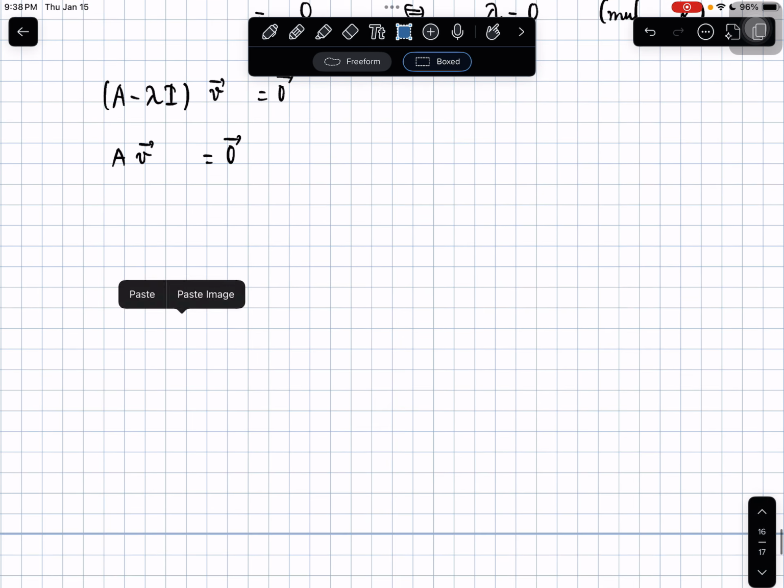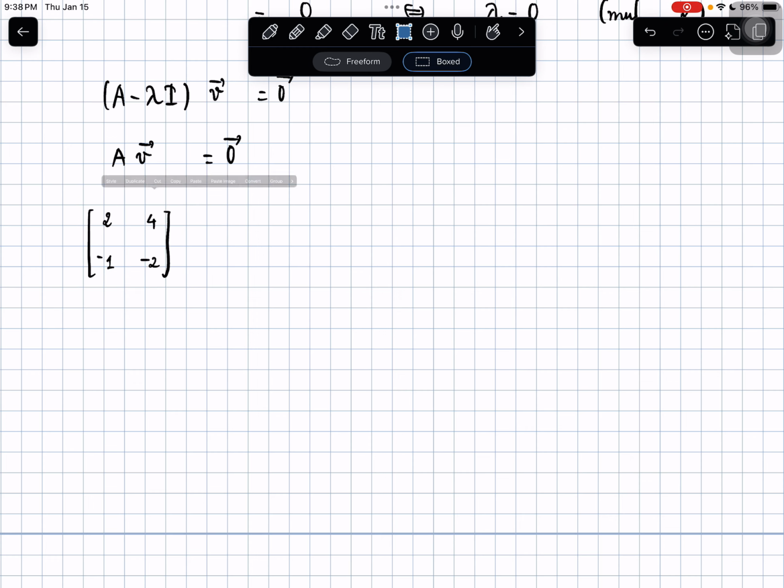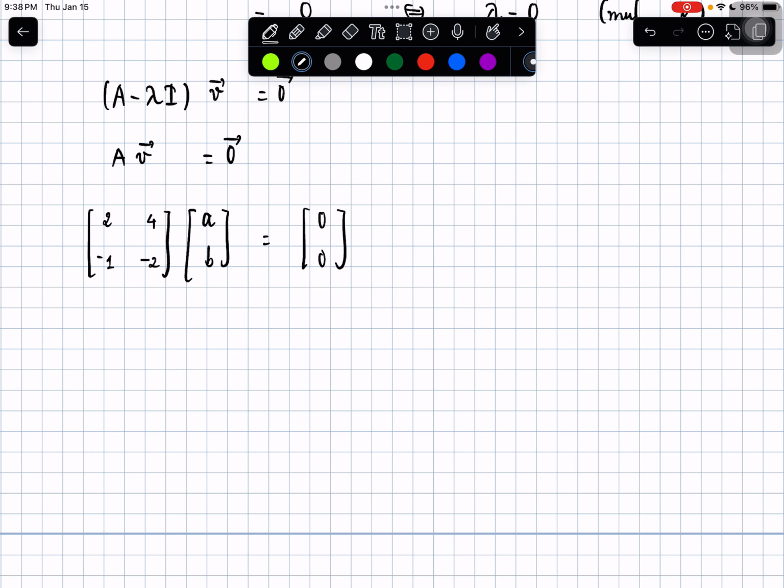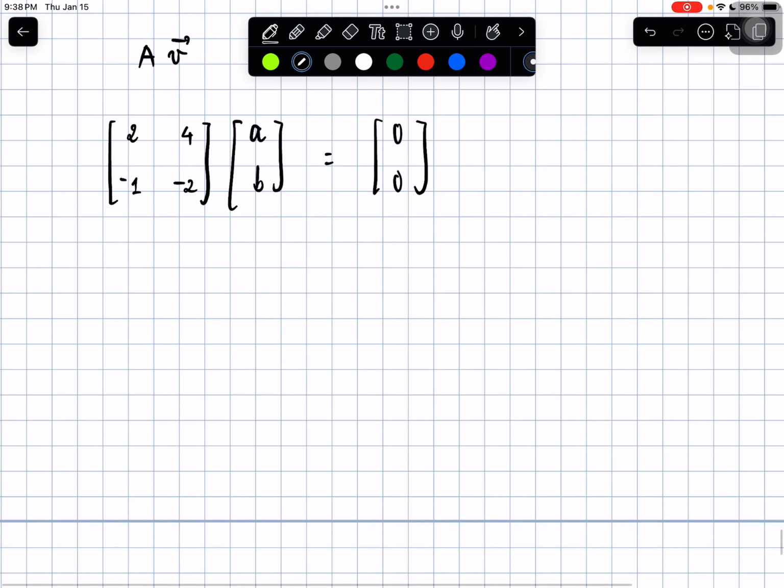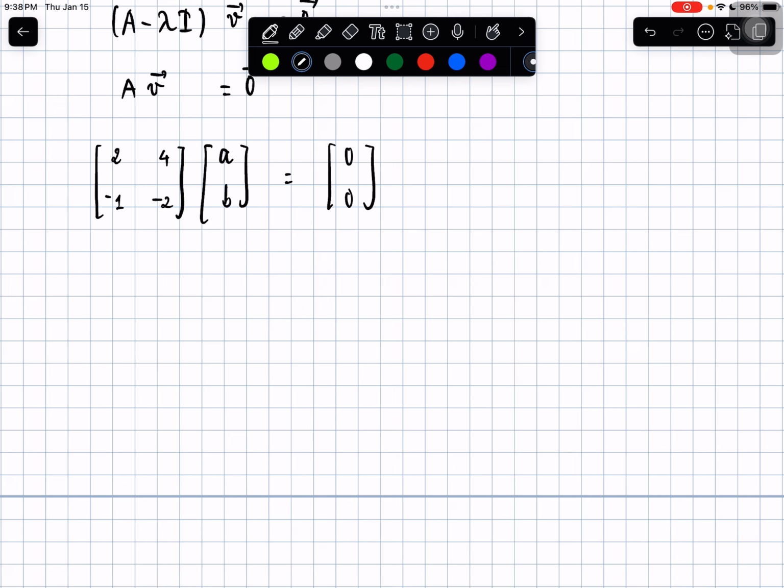Let's say v is a vector in R2, say a, b, equal to 0, 0. So we do row reduction of the coefficient matrix. The first row is minus 2 times the second row. So the coefficient matrix A is row equivalent to 1, 2, 0, 0.